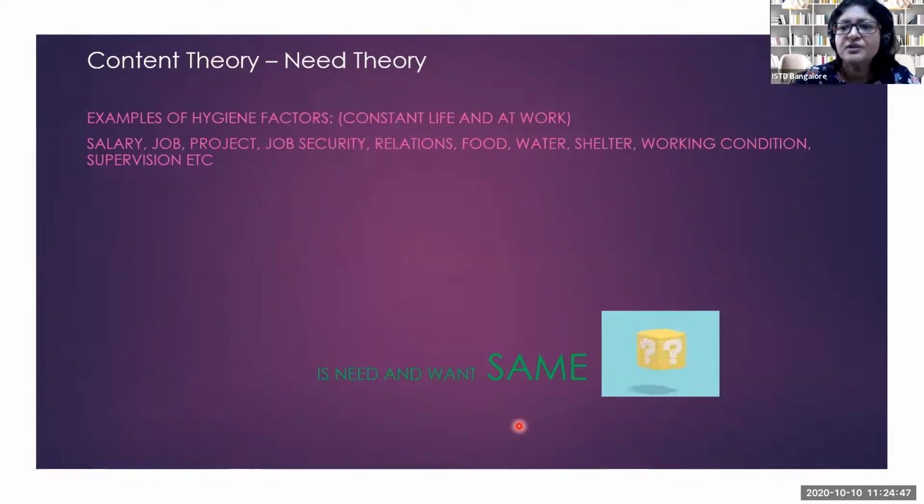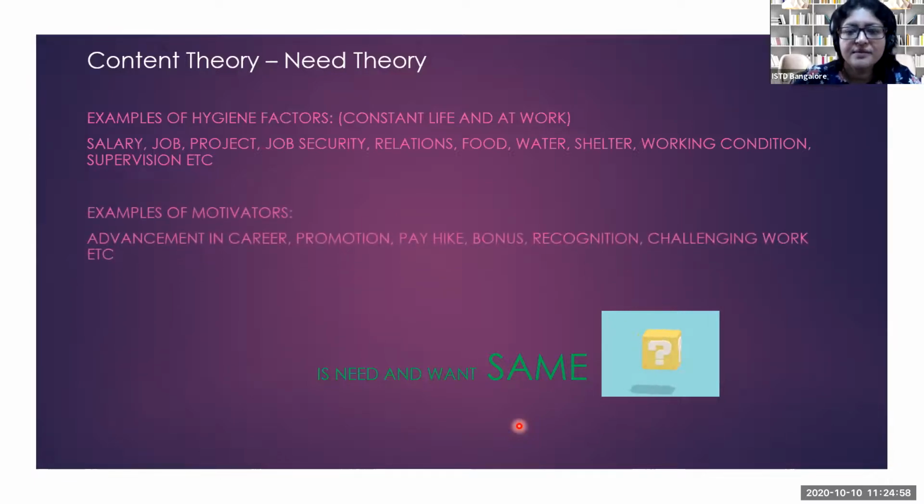You don't know what you are doing, how much you are contributing to the organization, right? So these are the hygiene factors. These are some examples of motivators, the wants. Advancement in career, because you have a job, you want this now. Promotion, pay hike, bonus, recognition, right? So these are certain examples of hygiene factors and motivators.